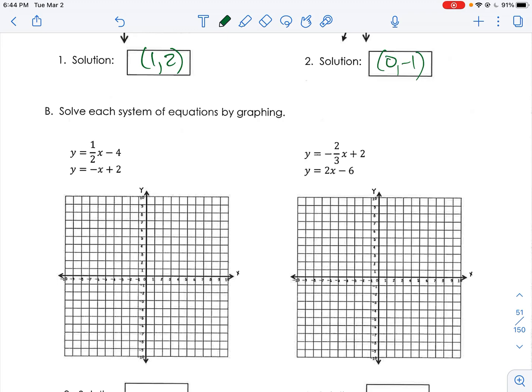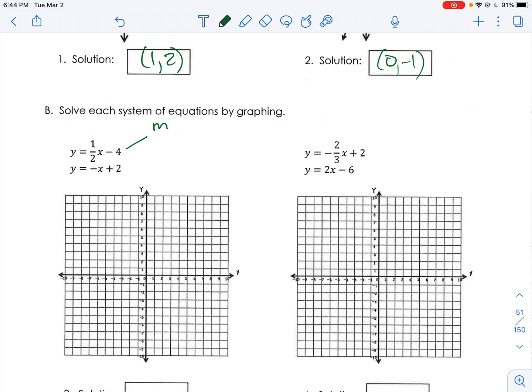Now, we have to graph these next ones in order to find out where they run into each other. So if I look at the first one, this one right here, it has a slope of 1/2, has a y-intercept of -4.